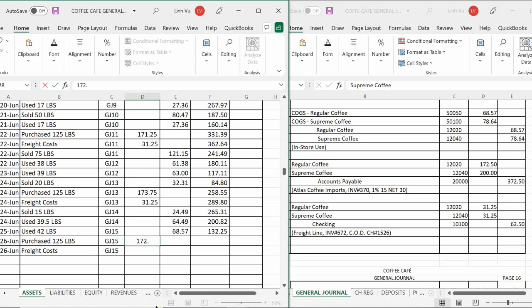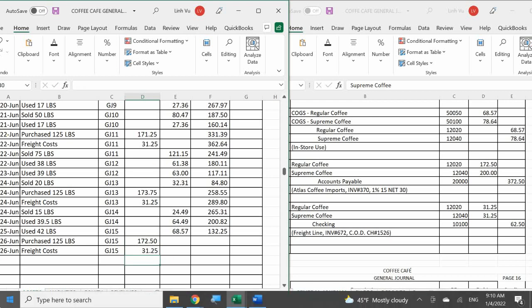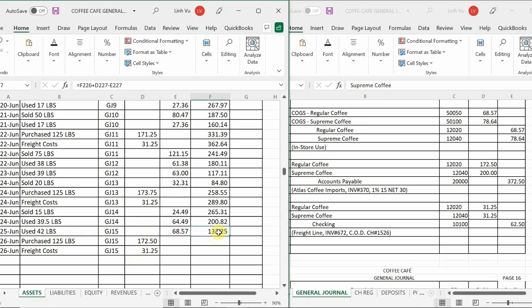We got 172.50 and 31.25. So therefore, what's my grand total of my inventory on hand? $336. 336 even. Good.